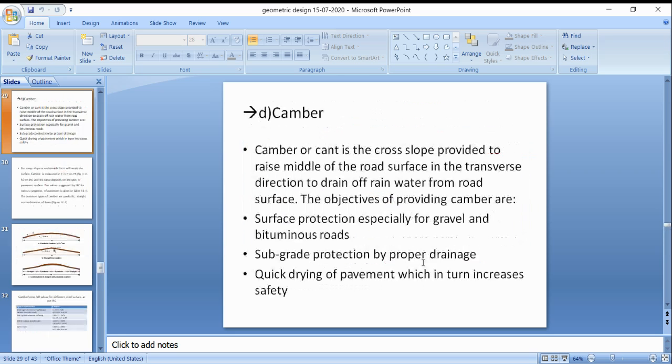So these are the slopes we are providing for the roads. In other words, camber is the rise given to the center line of the carriageway.